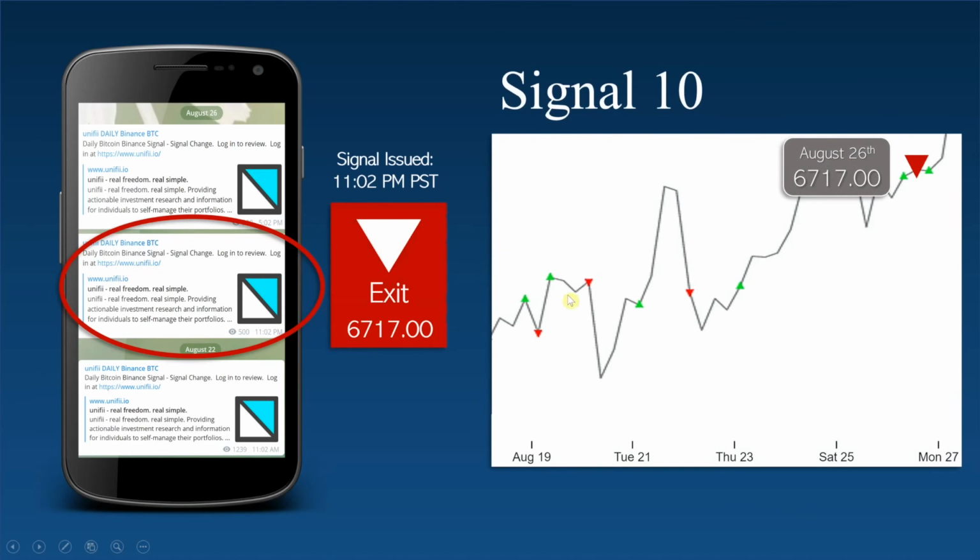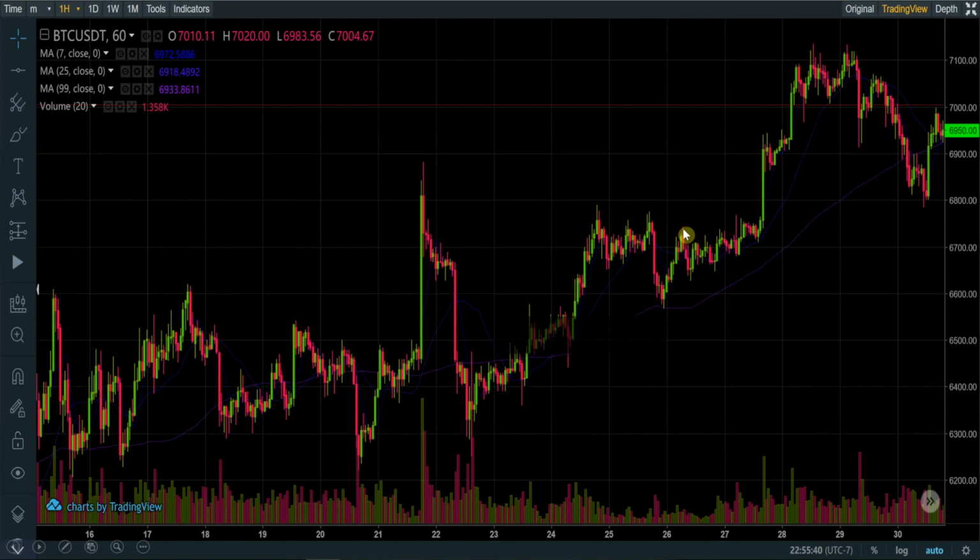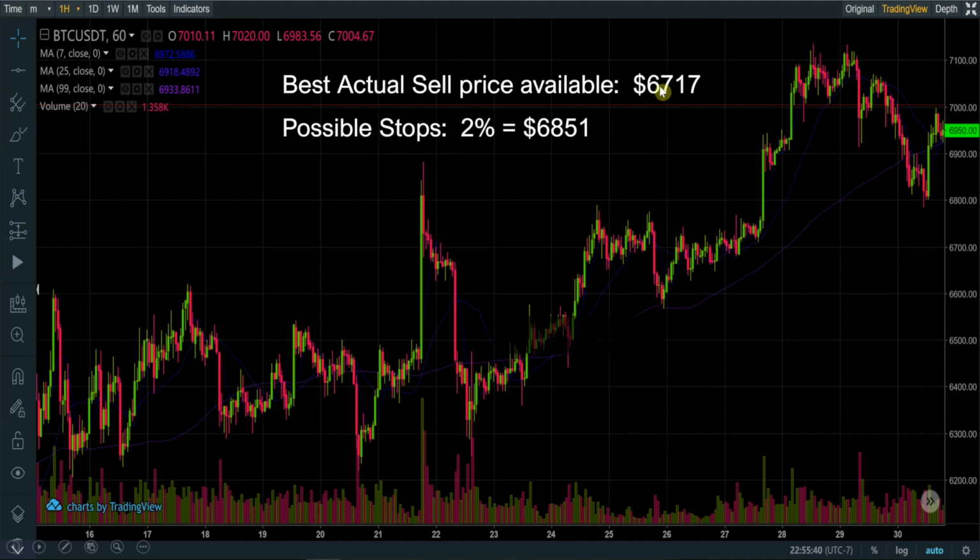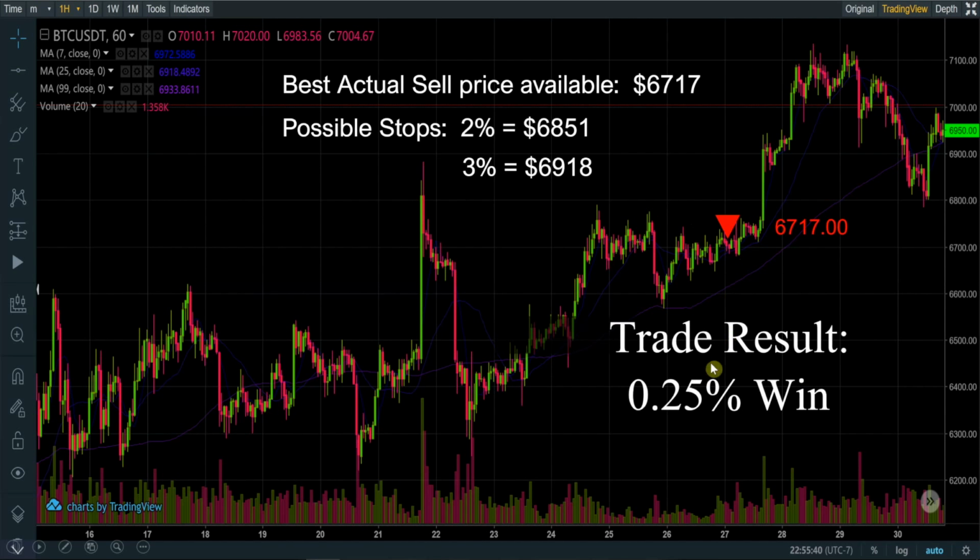Tiny movement here, but it is still a winning trade. All right, and actually the price that was available for us was 67.17. Again, it was consolidating, right? So it was up and down for that hour. So it would have been easy for you to actually get the signal price. All right, trade win is 0.25%. We'll take it.